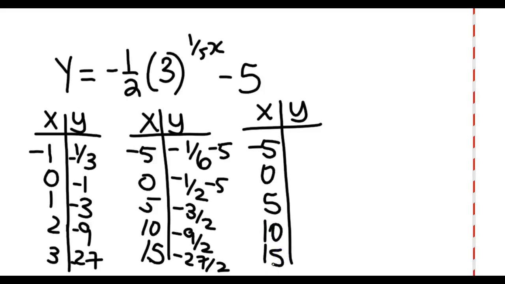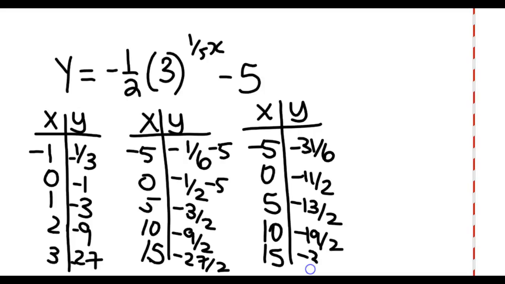But our y's are now -31/6, -11/2, -13/2, -19/2, and -37/2. Okay? And again, if you want decimals, then do that, because it might be easier.